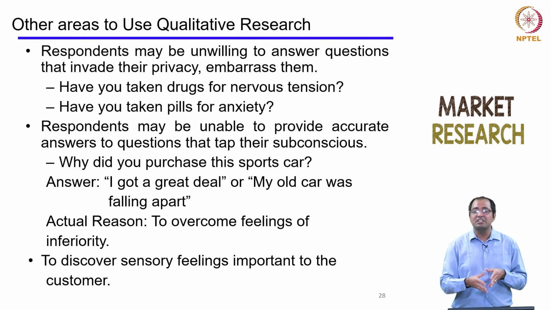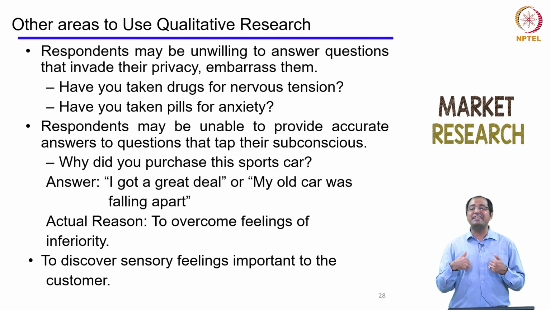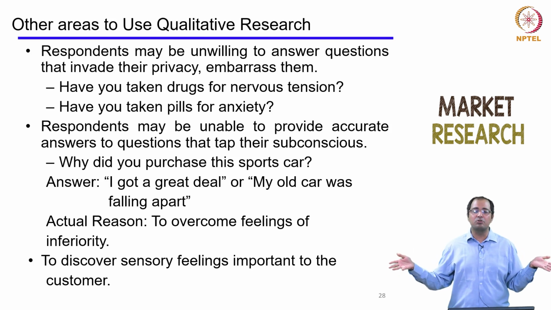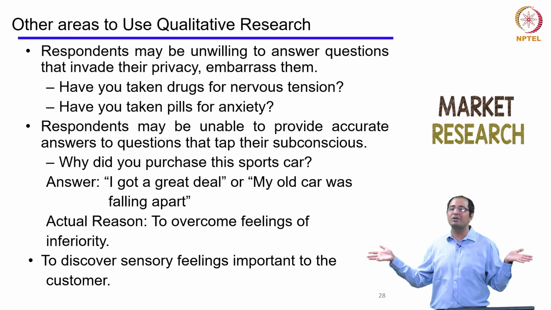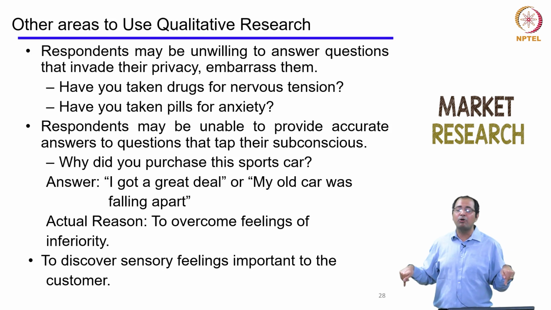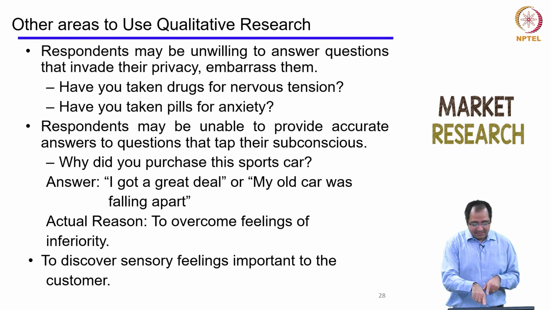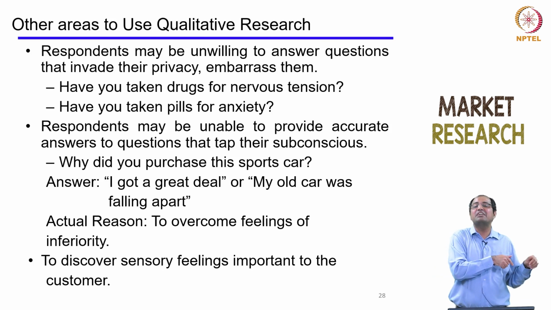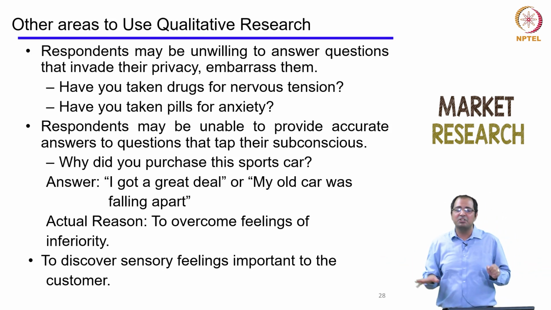In this case, buying the sports car might be related to, I am feeling inferior because everybody around in my neighborhood, or 3 or 4 of my close friends in my neighborhood have a sports car. That's why I bought a sports car. But they would write this reason, I got a great deal, or my old car. Nobody will say I started feeling inferior with my friends who had a sports car.